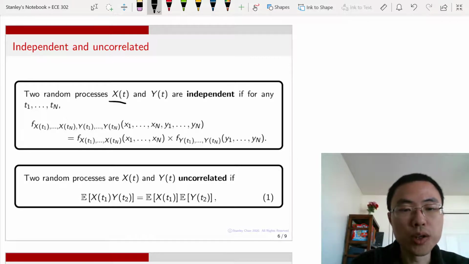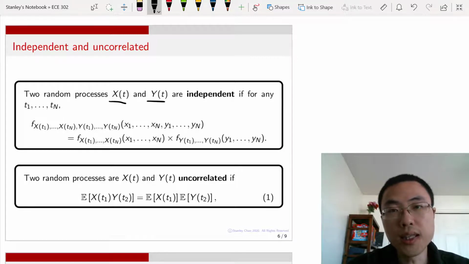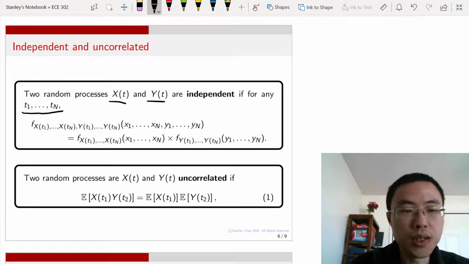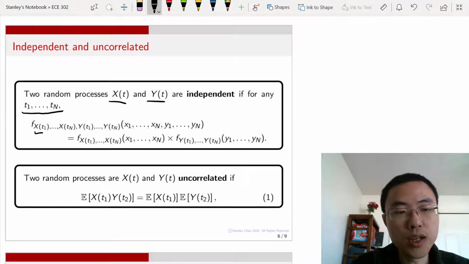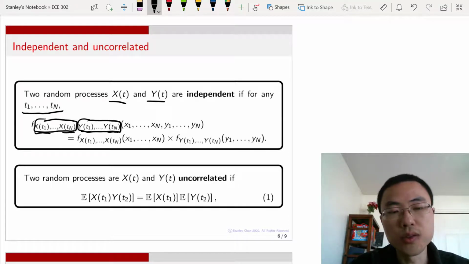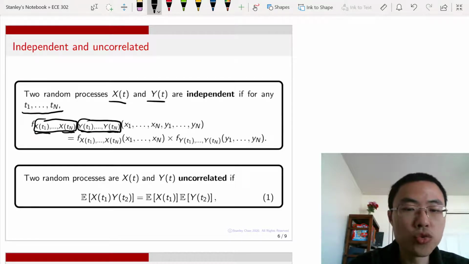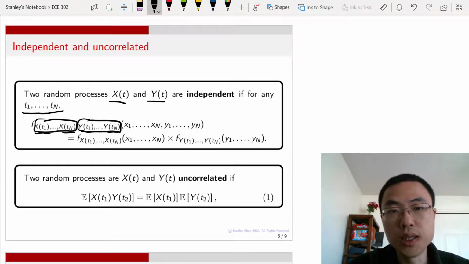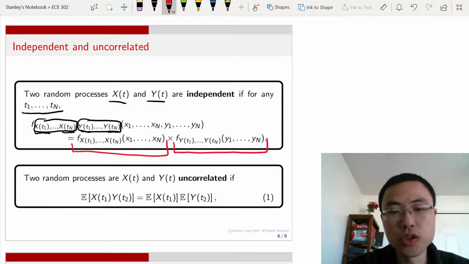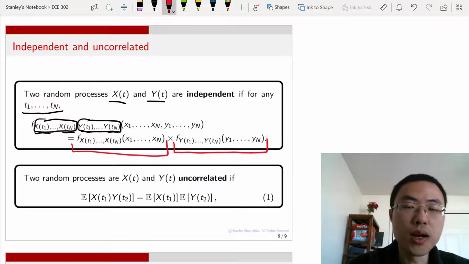We say that the two random processes, x and y, are independent if for any time instances t1 through tn, this PDF, the joint PDF across time at t1 through tn for x and y at t1 through tn, so this is a sequence of time instances for x, the same sequence of time instances for y. You look at their joint distribution, that is the joint PDF. If you can factorize it into a product of these two, then you say that x and y are independent.